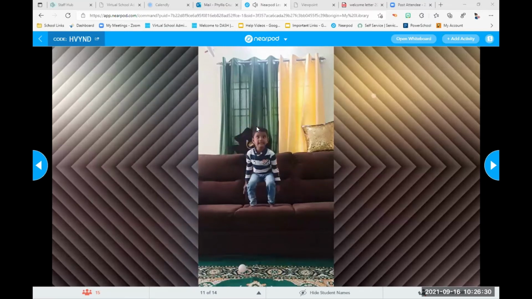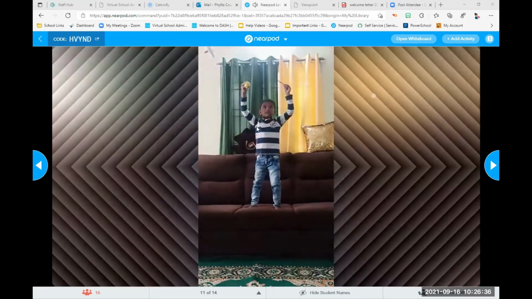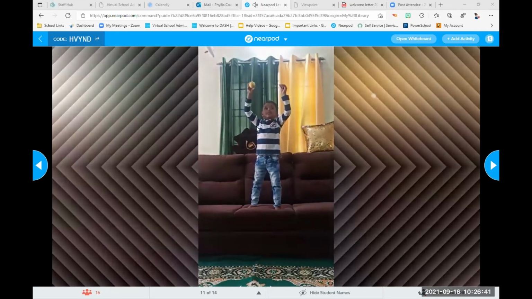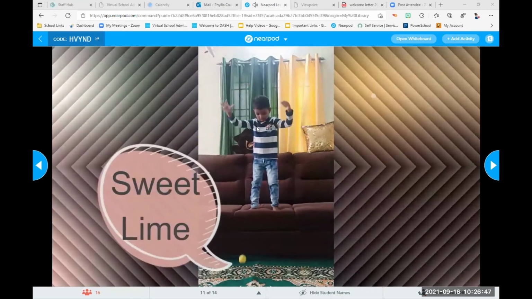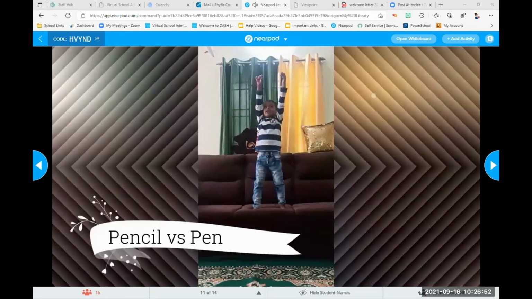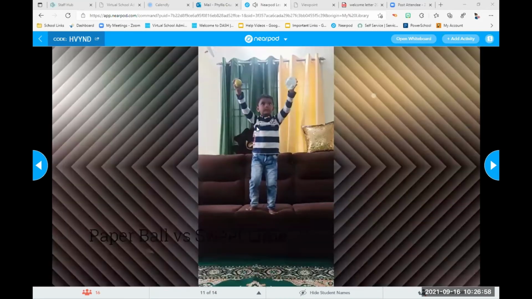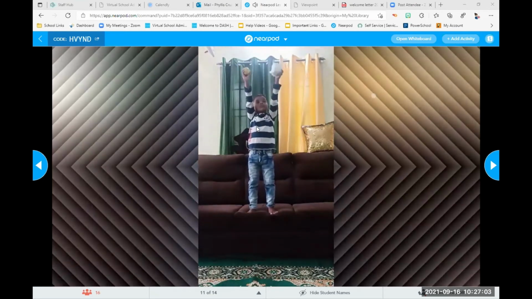Very good. Now can you guess which one will fall down first? Okay. Come forward. Drop it. At a time. Very good. That is a paper ball and you are holding the sweet lime. Which one will fall first? You are taking both hands. Which one? Okay, let's see.